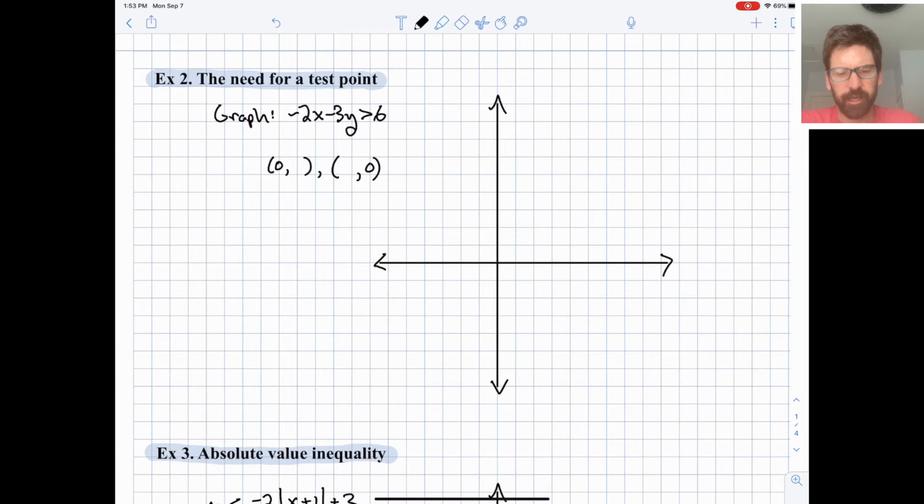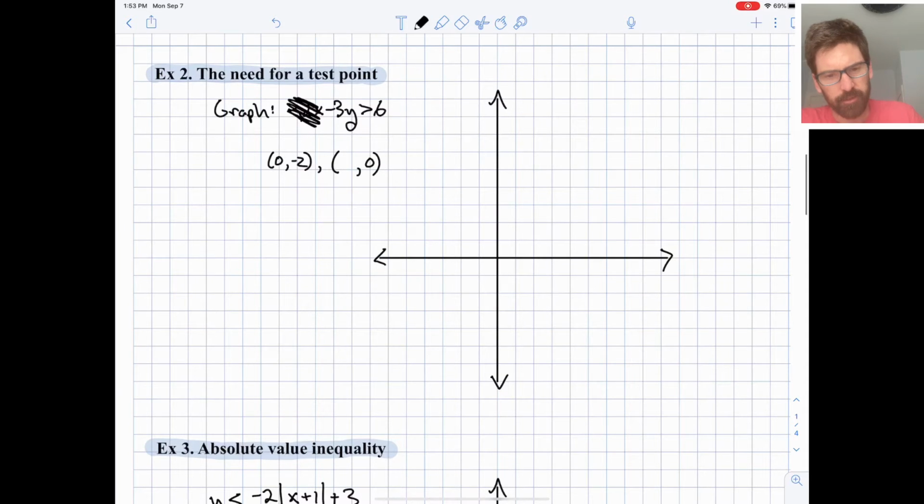So let's plug in x is 0 first, and that's going to make that term disappear, and y will be a negative 2. And then separately, let's plug in y is 0. It's going to make that term disappear, and x will be a negative 3.